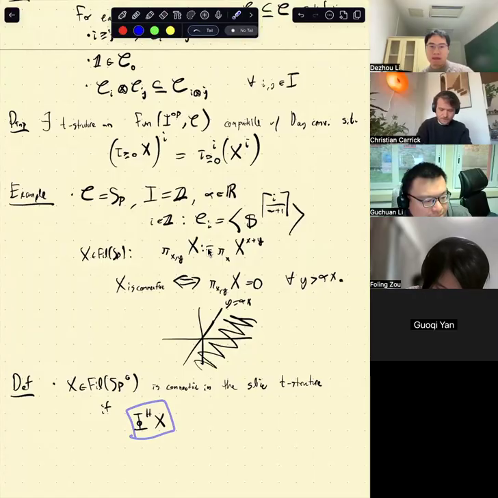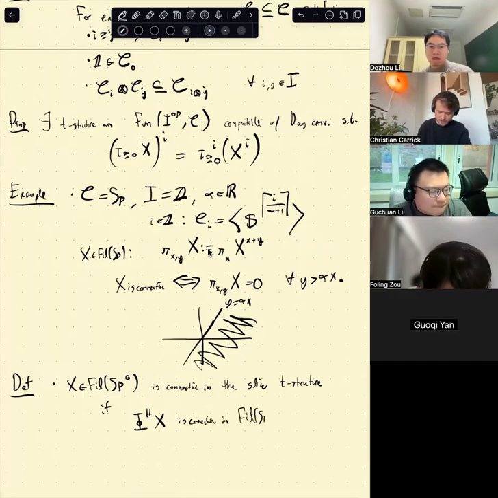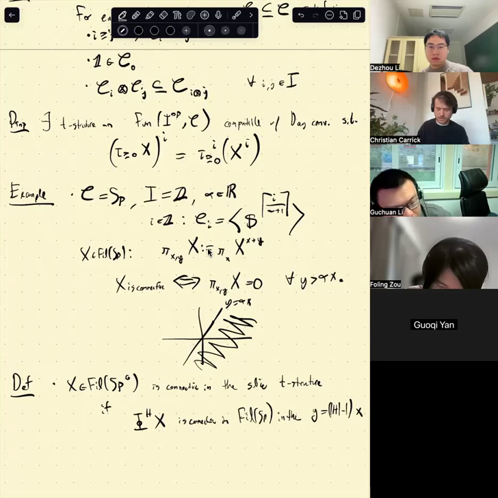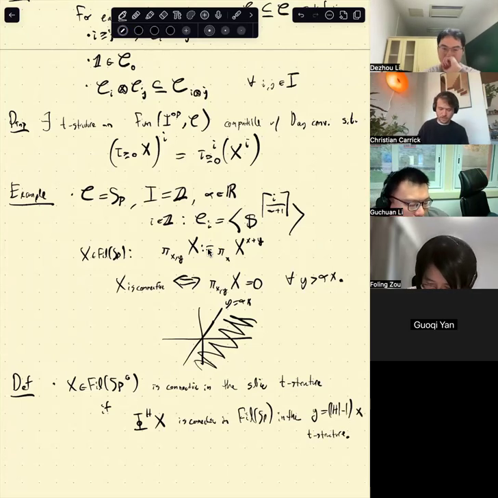And I want this to be connective in filtered spectra in the T structure with respect to the line of slope order of the group H minus 1. So I just, in this example before, told you how to make these T structures with respect to a line.